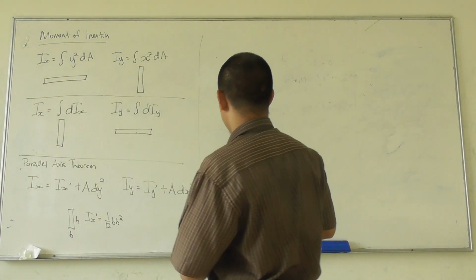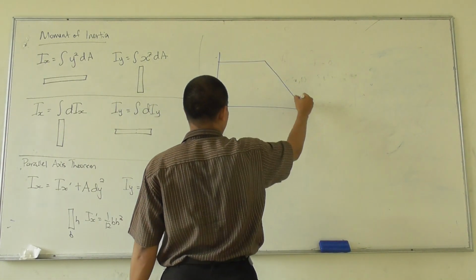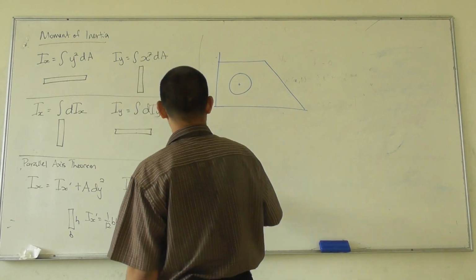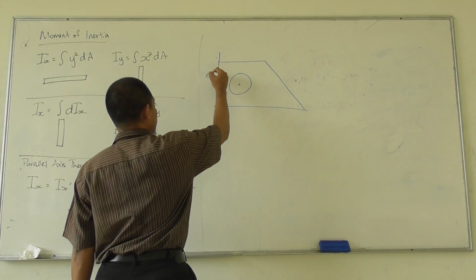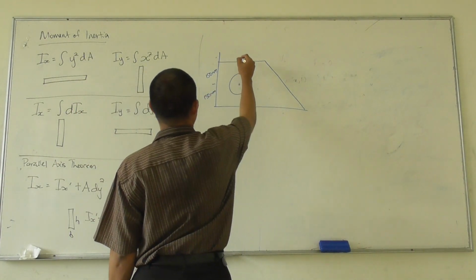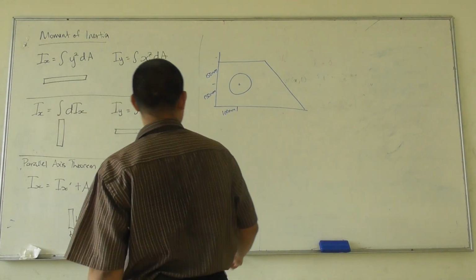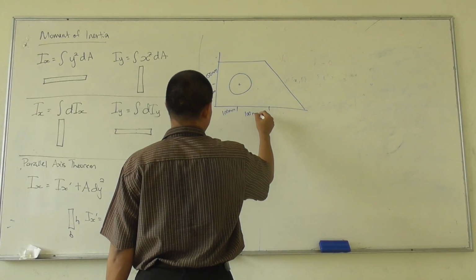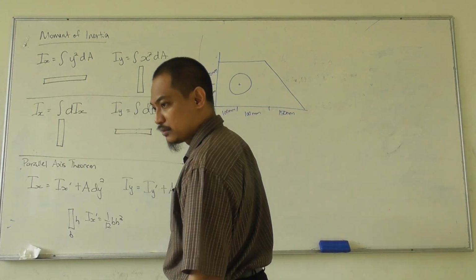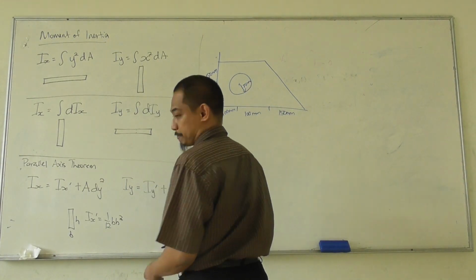Alright, so the question is basically like this. You'll have 150 mm here, 150 mm here, 100 mm here, 100 mm here, 150 mm here, and then this one is 75 mm.